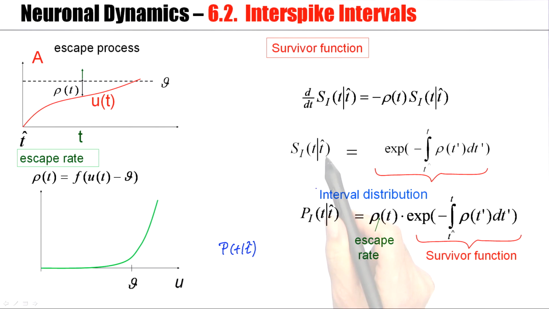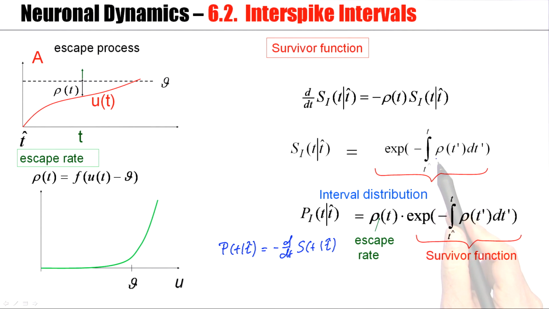If I compare this and that, then I see I can also write it as minus d dt S of t given t hat. If I take the derivative of this exponential term, it just pulls down this rho of t.